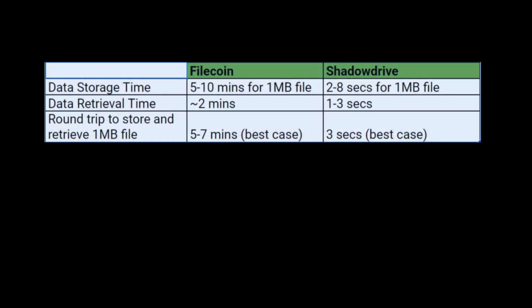And the round trip of storing and retrieving a 1 megabyte file is approximately 5 to 7 minutes on Filecoin, which is their best case scenario, and 3 seconds on Shadowdrive. From this, it is clear that Shadowdrive is a much faster data storage and retrieval solution than Filecoin. But remember, these are testnet numbers for Shadowdrive.